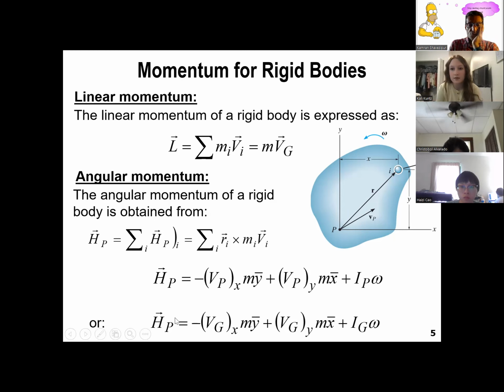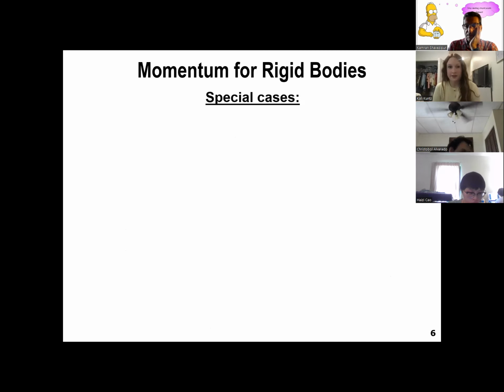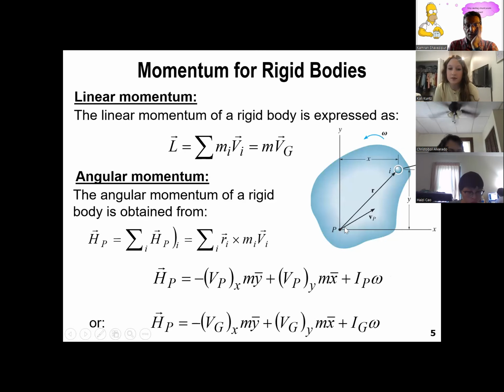You remember where we went after this? I said this is too complicated to memorize, and we want to simplify this. If we simplify this for special cases, we always use two special cases. First, if I put point P on G, what happens?